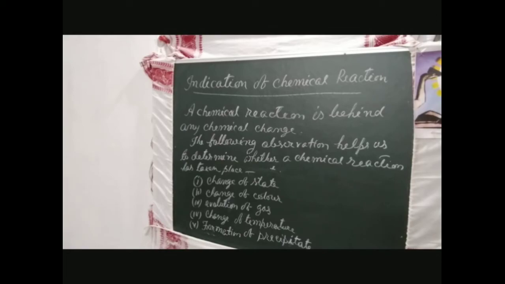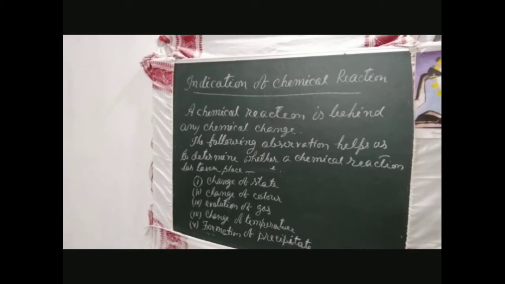Similarly, formation of precipitate. In one activity, when silver nitrate and potassium chloride are allowed to react with each other, what will happen when silver nitrate is added to potassium chloride? Silver chloride will be produced.